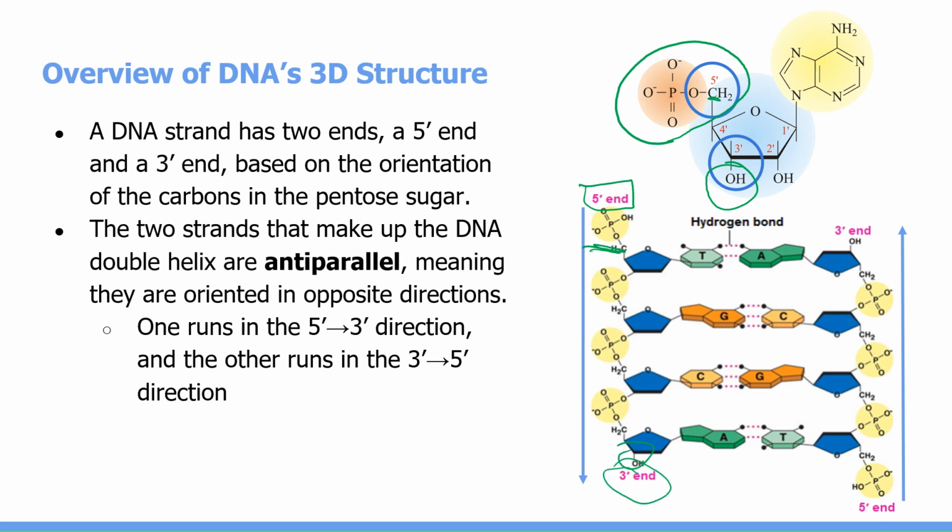And if one goes from 5 to 3, then 5 to 3 would run up on the other strand. We can see the backwardness of that DNA strand there. So this is called antiparallel. They are oriented in opposite directions.